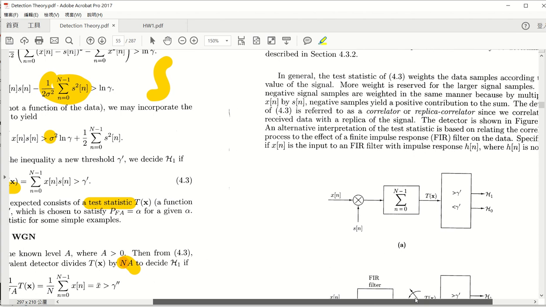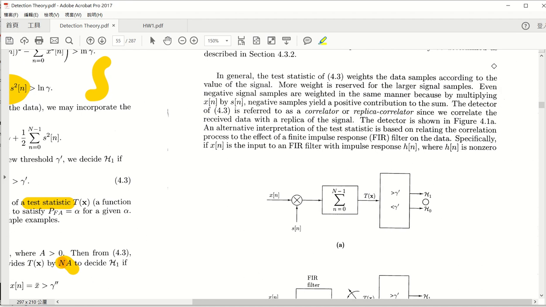Exactly, this is the mathematical form of correlation, if you recall from previous undergrad classes when we were talking about correlations. So we will call it a replica correlator, since we correlate the received signal with the replica of the signal. The detector is shown in figure 4.1, which we'll take a look at.